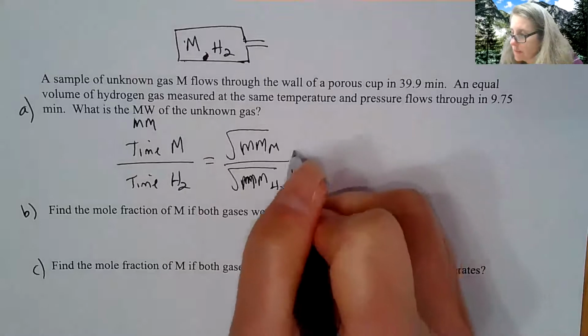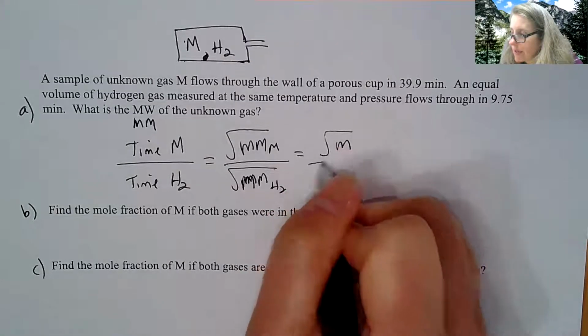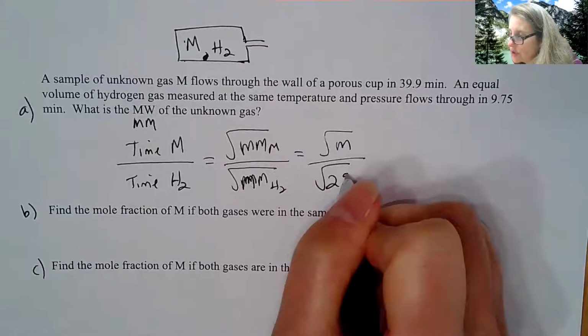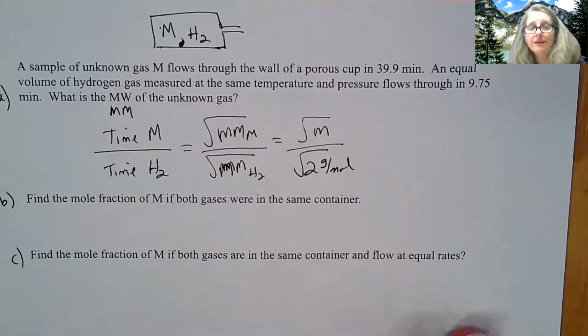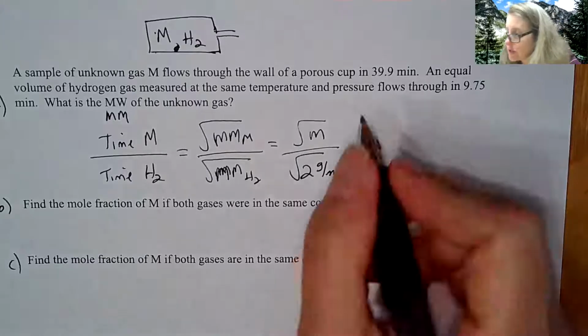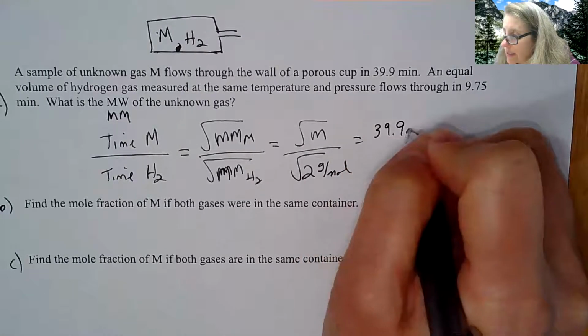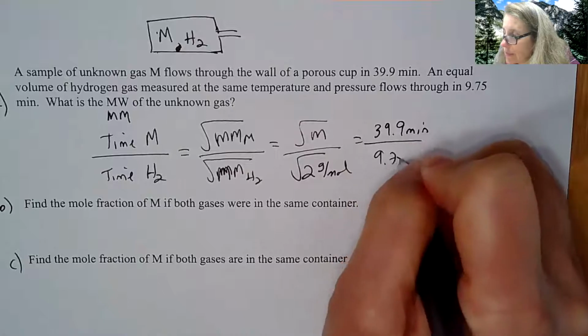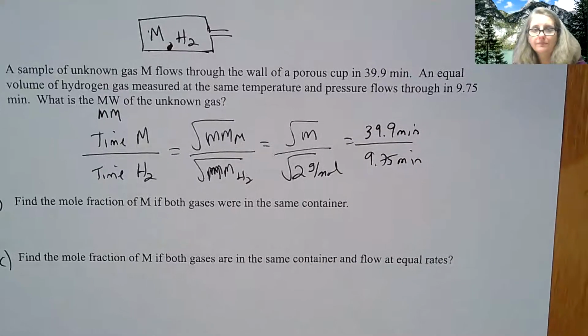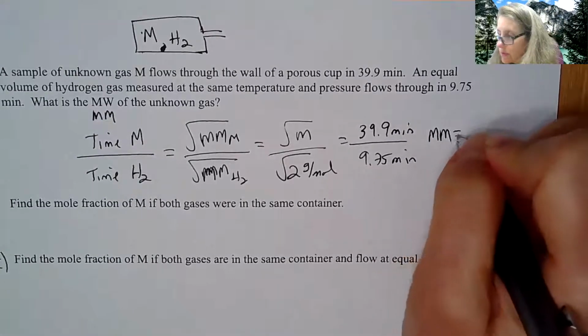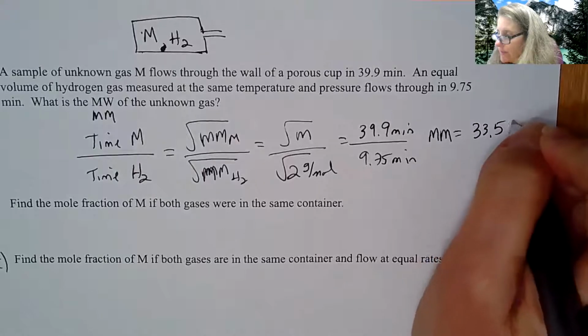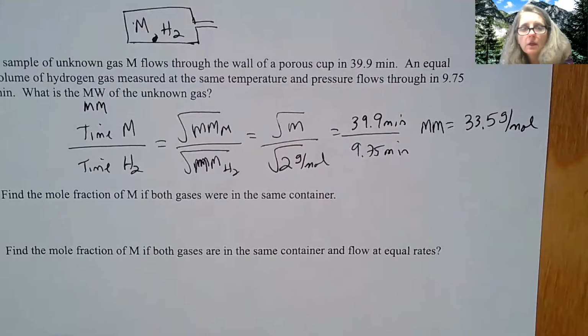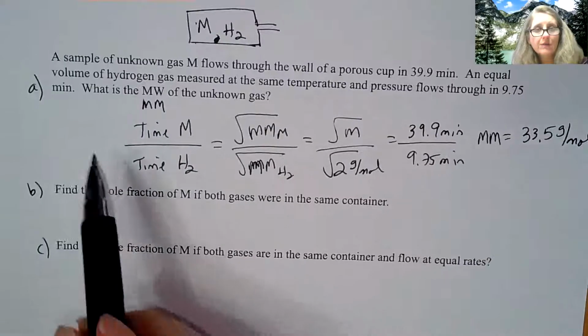So I'm going to take the square root of the molar mass of M, and then the square root of 2 grams per mole, which is approximately the molar mass of hydrogen. And I'm going to set that up versus 39.9 minutes versus 9.75 minutes. Your calculator should spit out a molar mass of about 33.5 grams per mole. That's just showing you how to use the calculation and how to set it up in your calculators. So that's the first part.